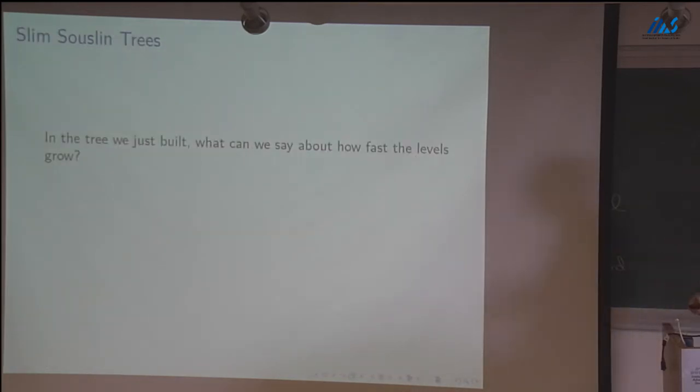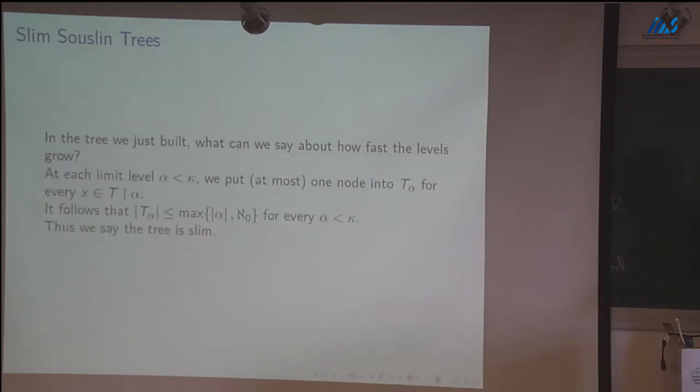Okay, so let's now say what we can say about how fast the levels grow in the tree we just built. At every level, we're putting at most one node above everything that's been built before. I say at most because we are putting one for every node before, but it's possible that we put the same node for two things before it. But in terms of cardinality, it's at most one for everything that was there before.